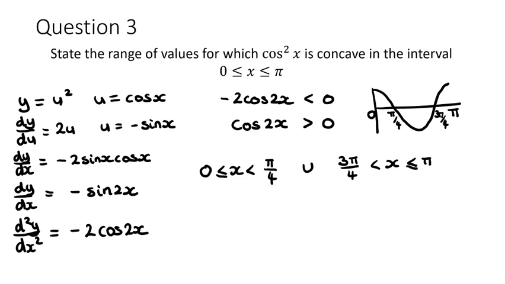When x is pi, it's clearly positive. But when x is 3 pi over 4 and pi over 4, it's 0. So that's where the second derivative just equals 0 rather than being less than 0. Okay, so that explains that last little bit.